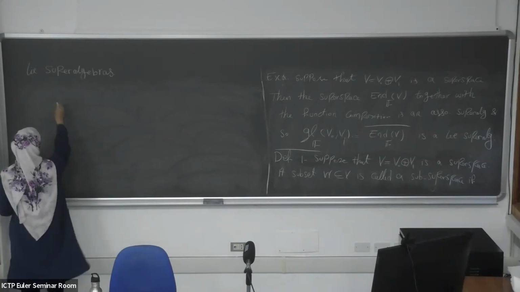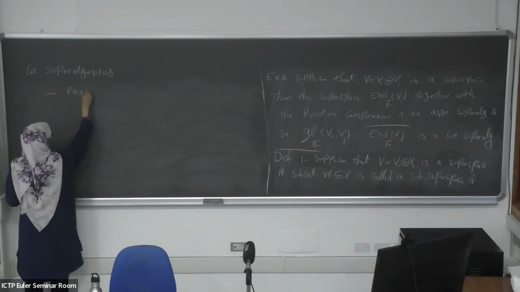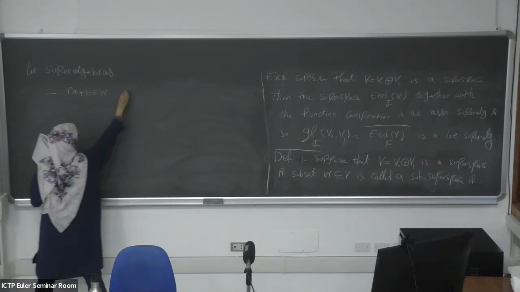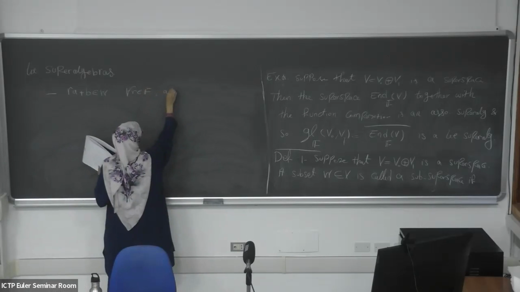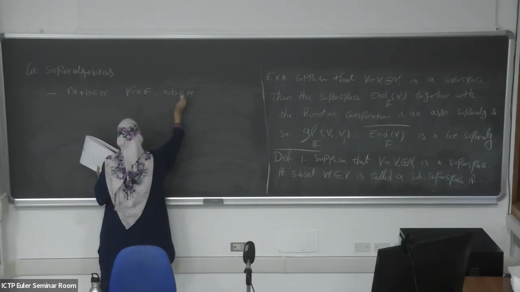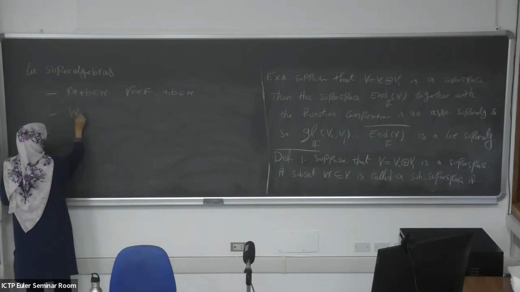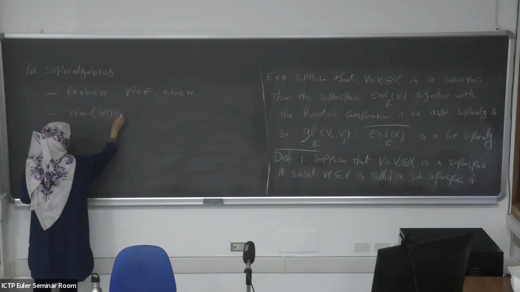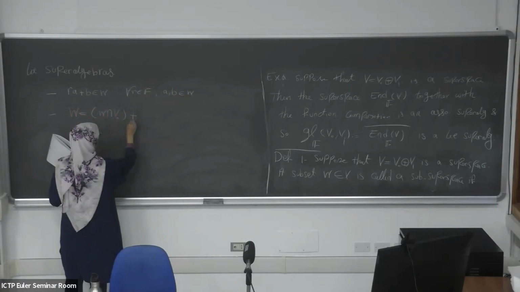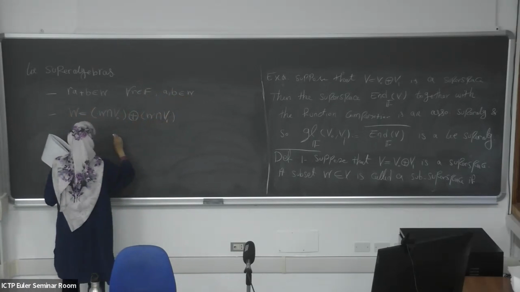If ra plus b is an element of W for all scalars r in F and a, b in W, the second condition is that W is the direct sum of W0 and W1.